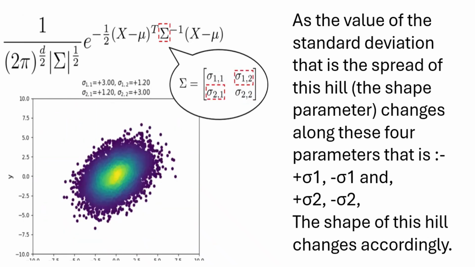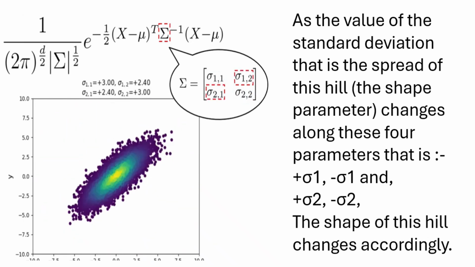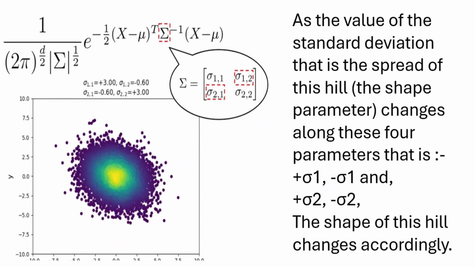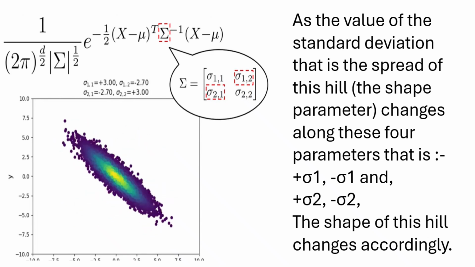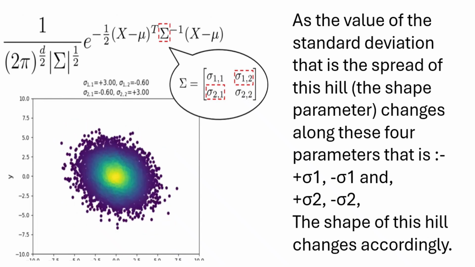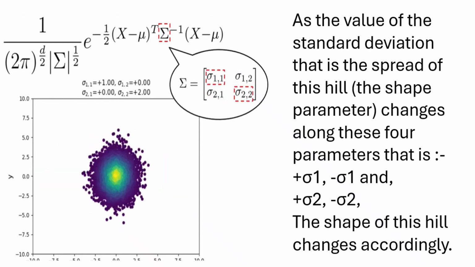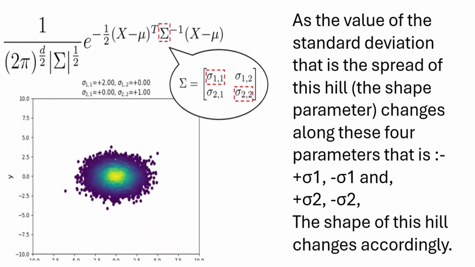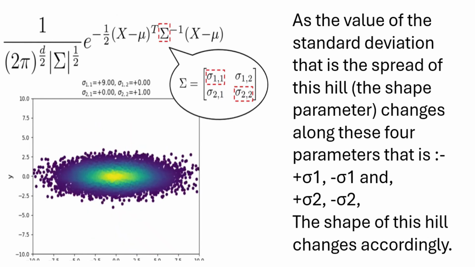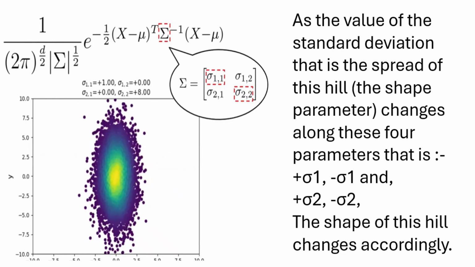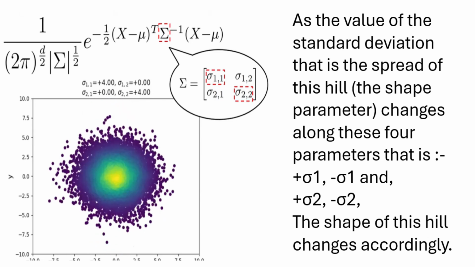We have sigma 2 2, which refers to the variance or spread of the second variable. As the values of these 4 shape parameters change, so does the shape of this 3D curve.